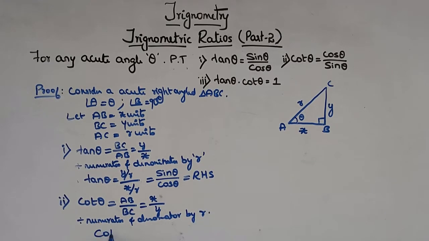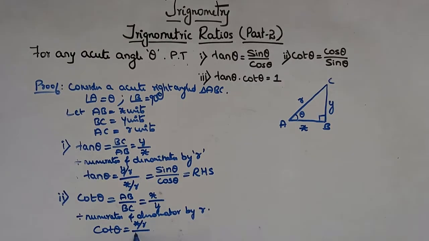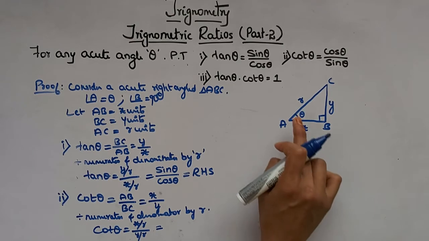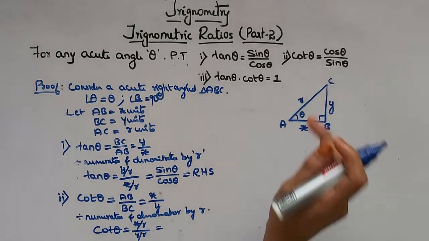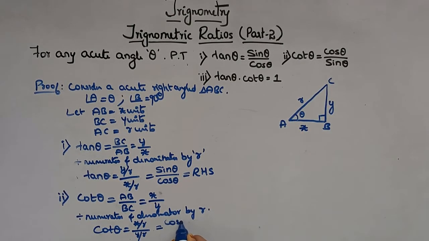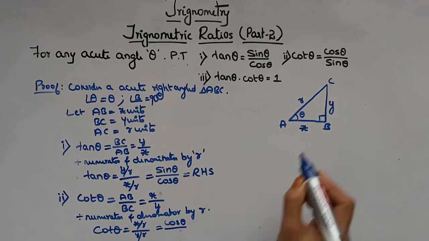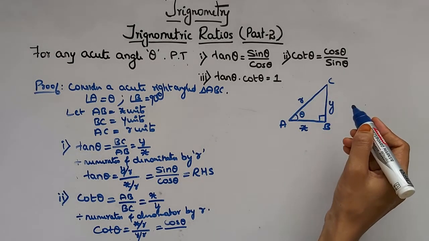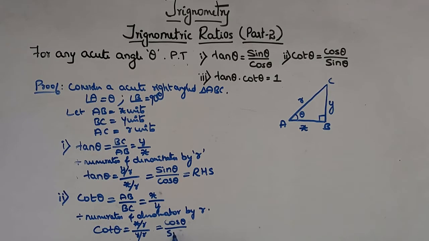So your cot theta is equal to x by r divided by y by r. Here x by r is adjacent by hypotenuse, that is nothing but cos theta, right? And y by r, that is opposite by hypotenuse, is nothing but sin theta, which is equal to RHS. So now we proved cot theta is equal to cos theta by sin theta.